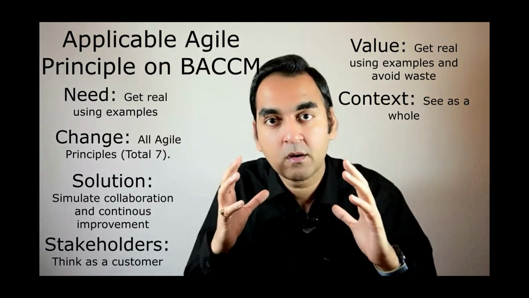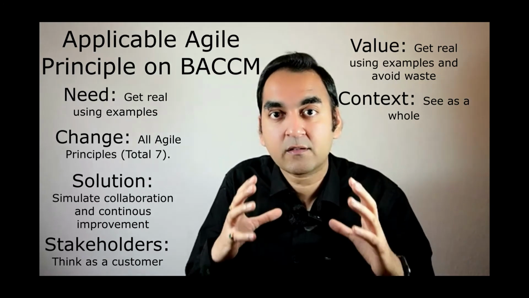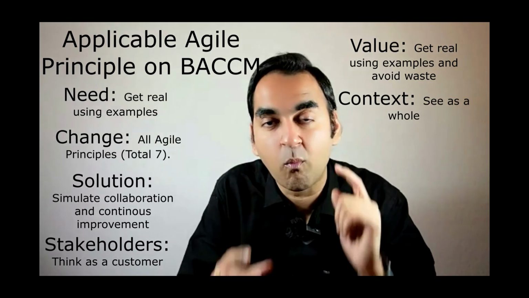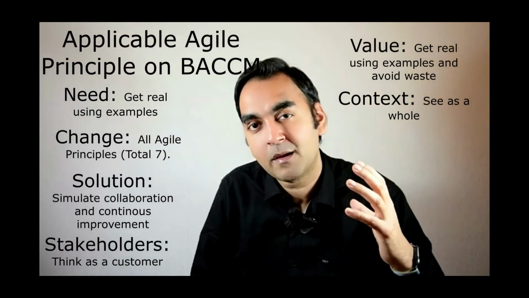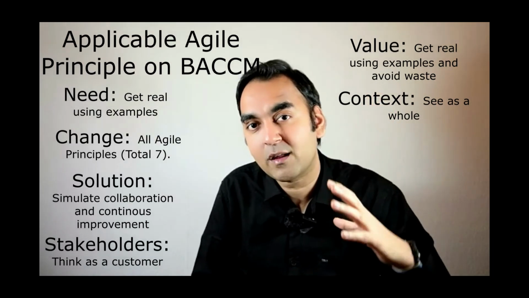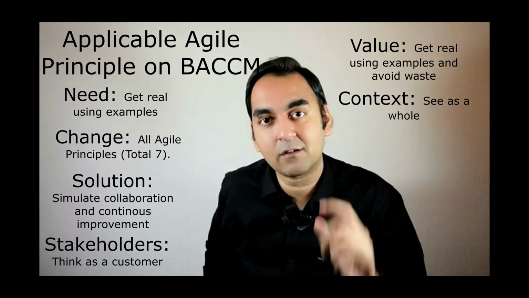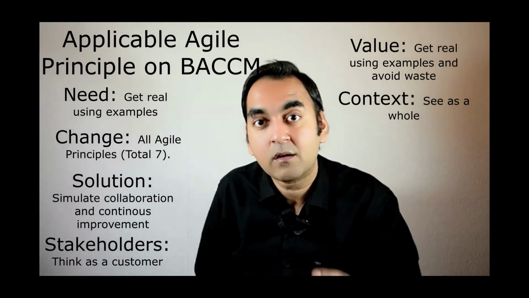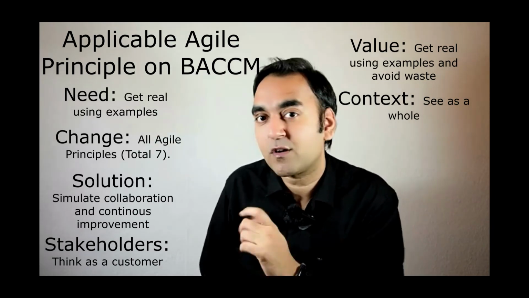I hope you get an understanding of the business analysis core concept model. And if somebody asks me what's the one thing that I like the most in this agile mindset section of Agile Analysis Certification, this one is the most important thing. And this is the most interesting thing I found out.